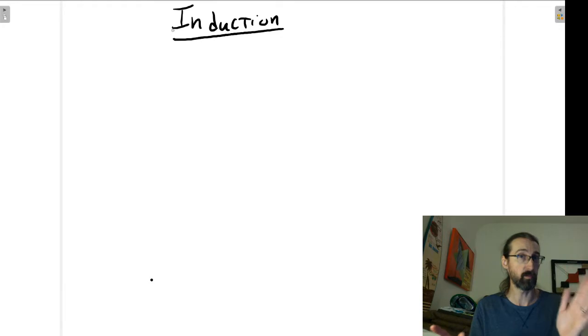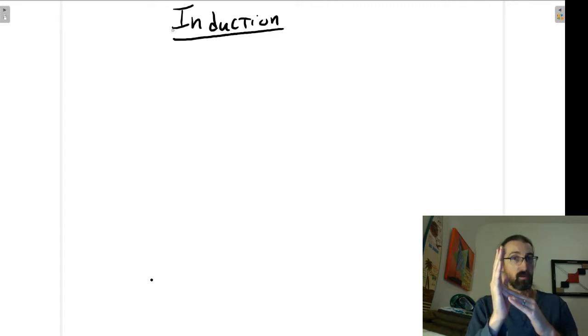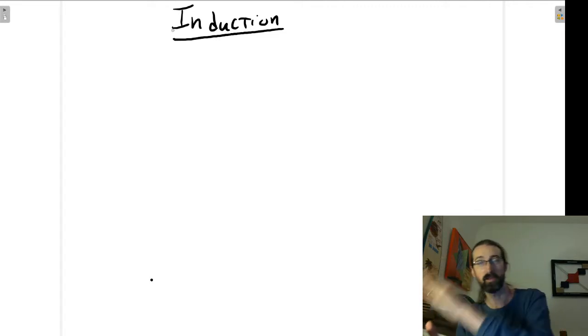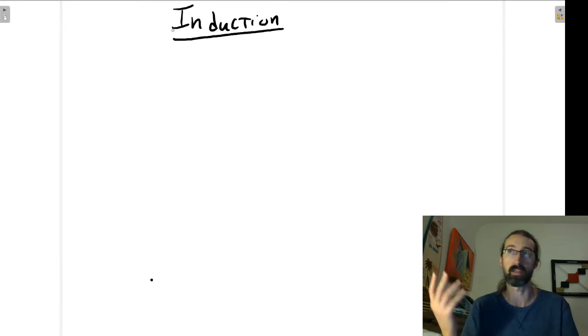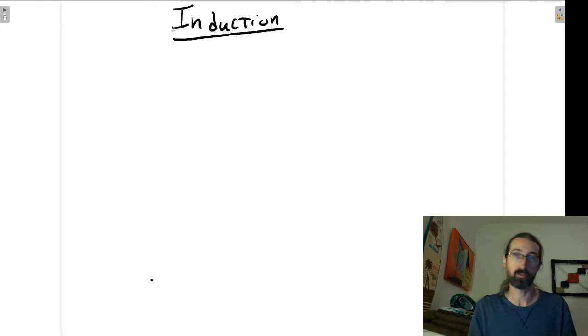So if it's true for one number, and it's true for the next number, that first one knocks into the next one, which knocks into the next one, next one, all the way down, proving that it's true for every single number. Like, there's a lot of interesting ideas out there that work for most of the numbers, or some numbers. But you don't want to spend your time going through, well, it works for this number if I plug in a 1, does it work if I plug in a 2? What about if I plug in a 3?